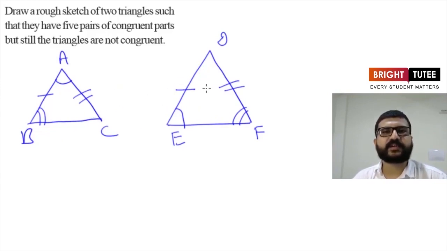And ASA is also not followed here. Two angles are equal, that is angle A equals angle E and angle B equals angle F, but the sides included by these two angles are not equal. Now we can take angle C to be equal to angle D.